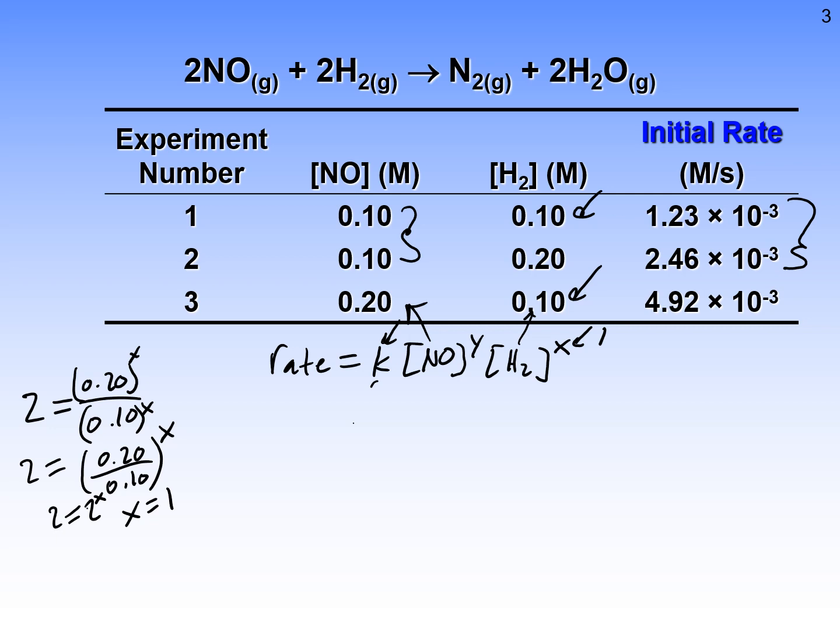So I'm going to pick rows 3 and 1, and I like to put the larger rate value on top because that gives me a whole number that I can work with rather than a fraction.